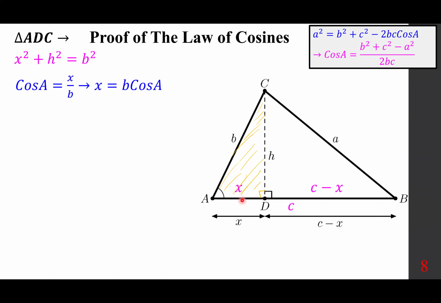So this is x, AB is c, so this portion is c minus x. In this triangle, Pythagorean theorem says x squared and h squared add up to b squared. And cosine A is the adjacent, which is x over the hypotenuse b. Cross product gives us x.